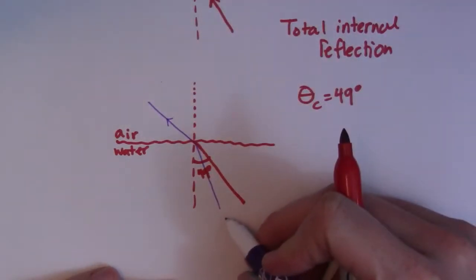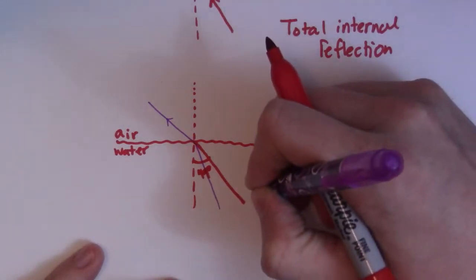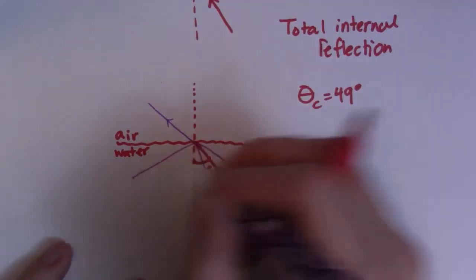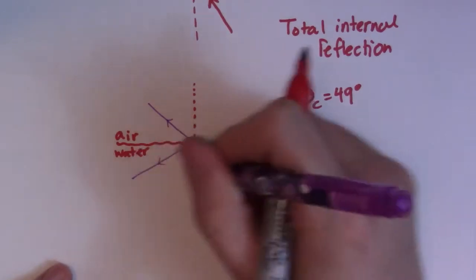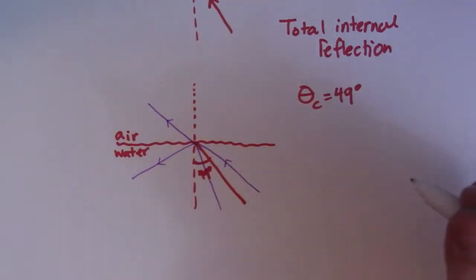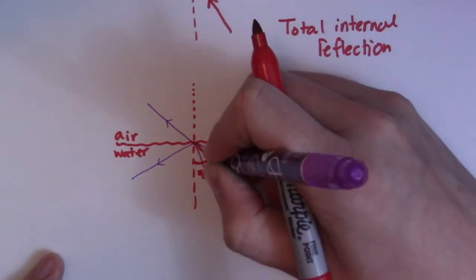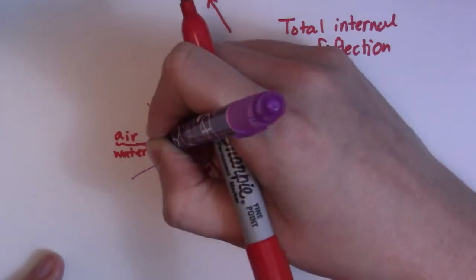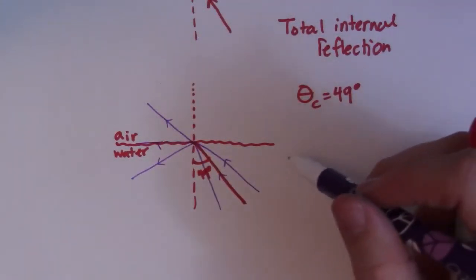If I have light that's coming in greater than 49, somewhere down here, it's actually going to reflect within that medium. It doesn't pass through, it bounces off that boundary. And if light happens to come in at exactly that critical angle of 49 degrees, it's going to reflect along that line. And that is what total internal reflection is.